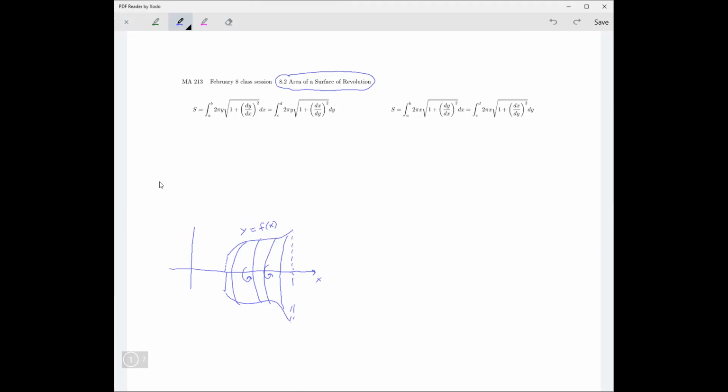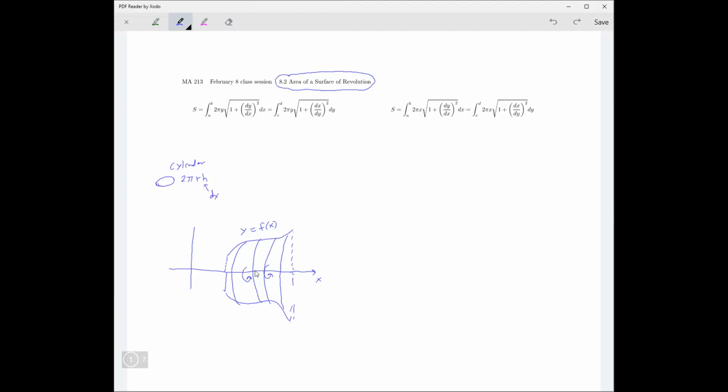if you have a circle and you're looking at the surface area, let's say that it's like a little tiny cylinder. So the area of a cylinder is 2 pi r h, right? Now the h in this case is going to be the distance this way, so in this case it's going to be dx.